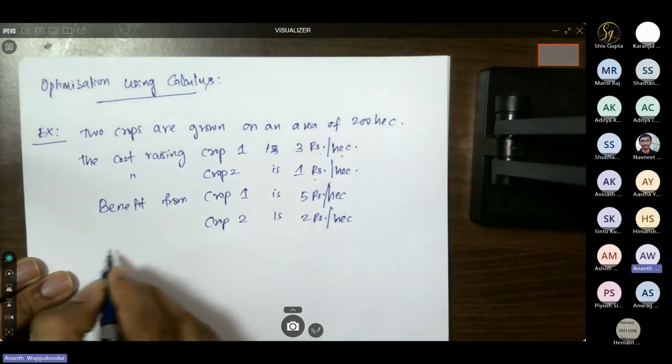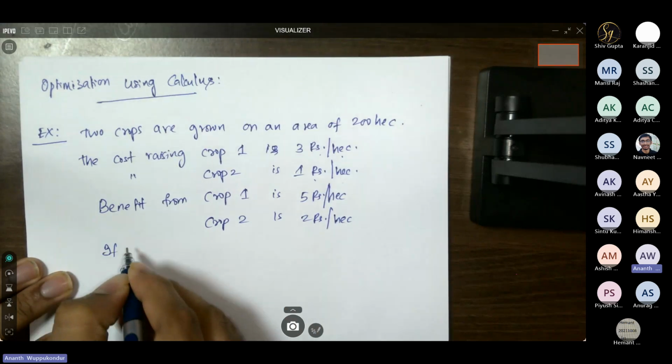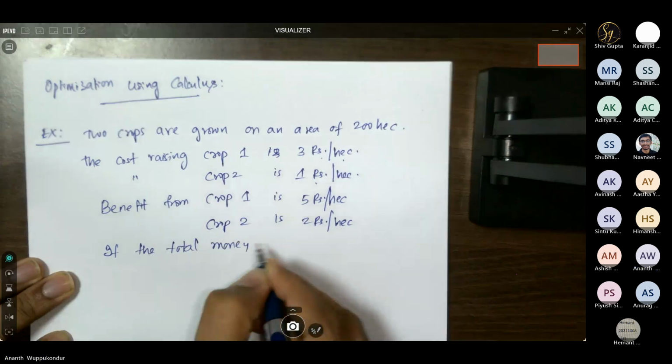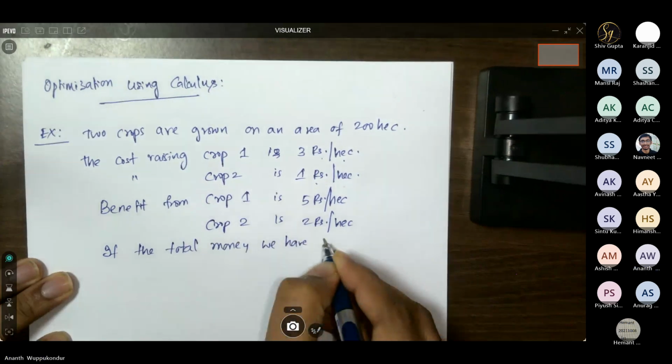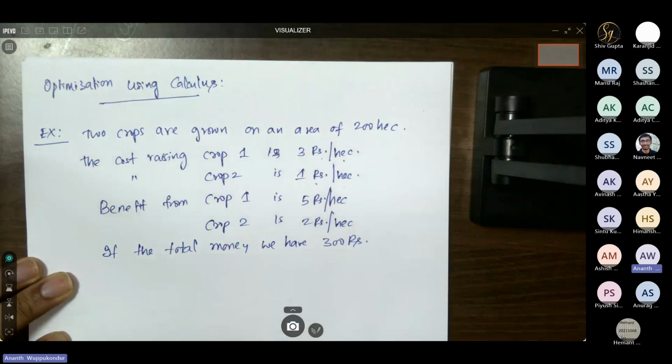Now let us say the total amount of money that we have is 300 rupees, available for both crop 1 and crop 2 together.